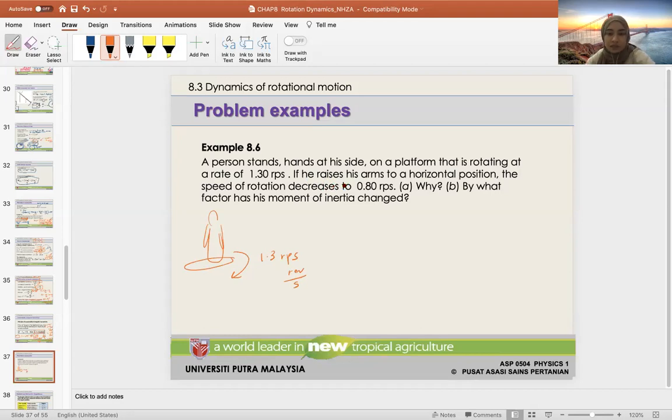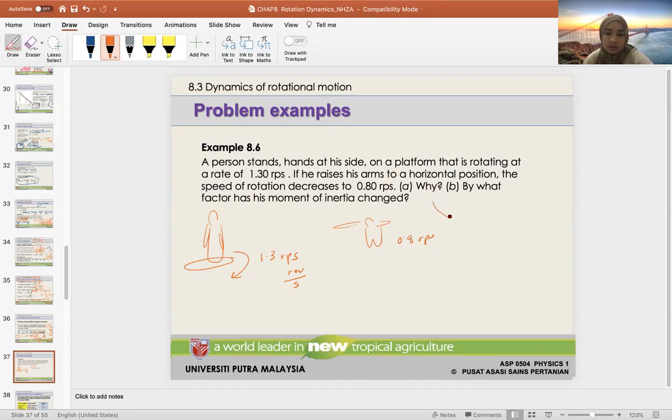If he raises his arms to a horizontal position, he's increasing his moment of inertia. The speed of rotation decreases. So now it's 0.8 RPS. By what factor has his moment of inertia changed?